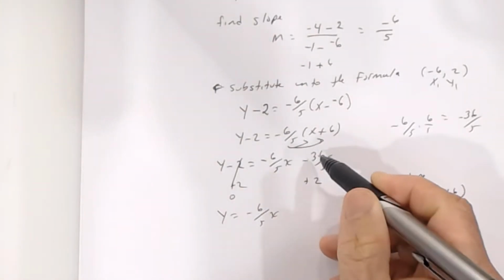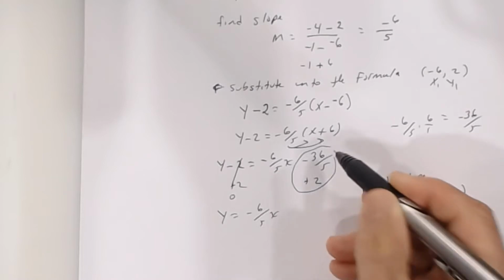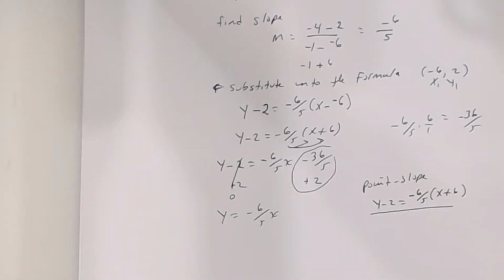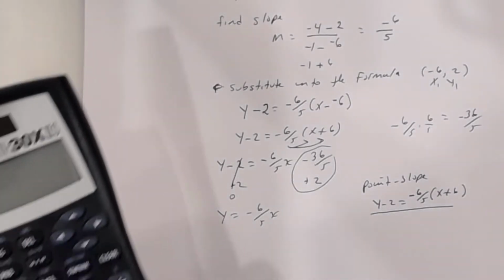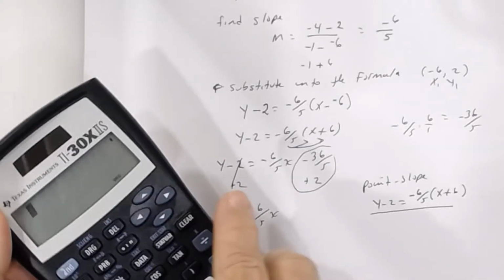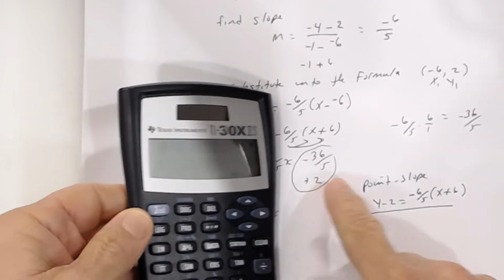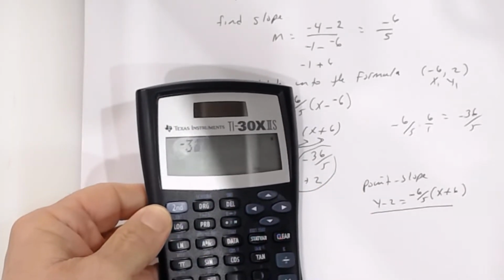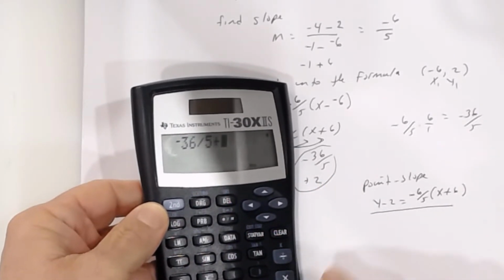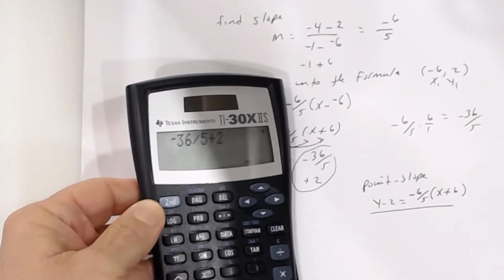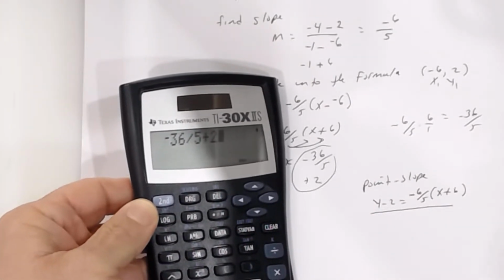All right, now use your calculator in this part, unless you want to do it by hand. So when using a calculator, you're going to substitute negative 36 divided by 5 plus what? 2.